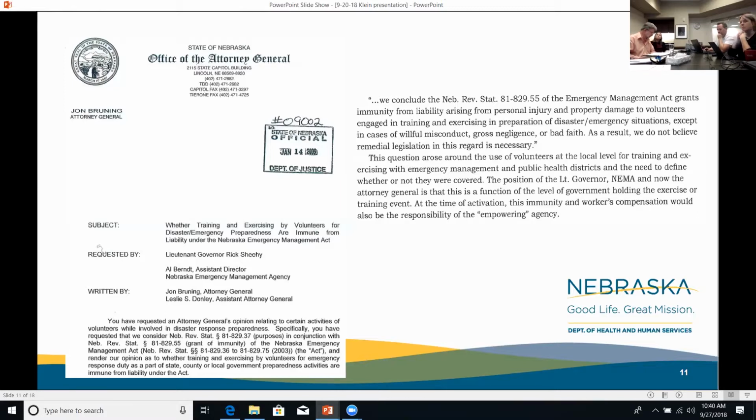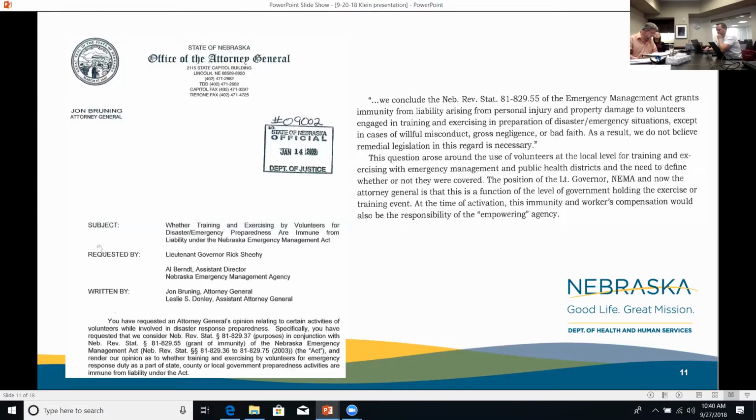And this was driven by not really the MRCs, it was the MRSs at the time, which are now healthcare coalitions. And the question presented at that time was focused on volunteer training. And they sent a question over to the Attorney General's office so that we could clarify it, so that it wasn't just Daryl's reading of the statutes, but let's get the top law enforcement officer of the state on board so that we had a common interpretation of the emergency management statutes.